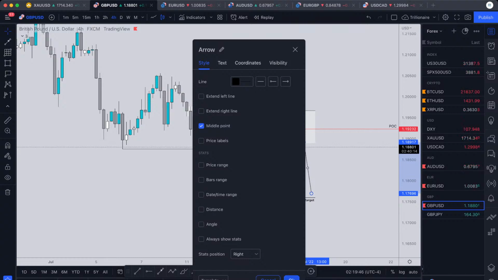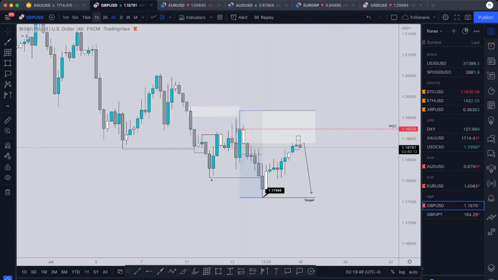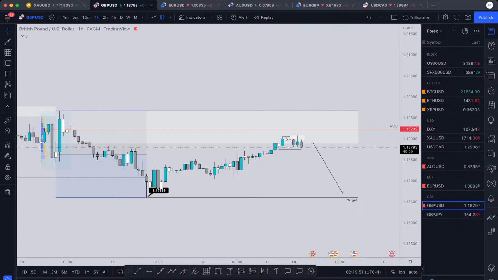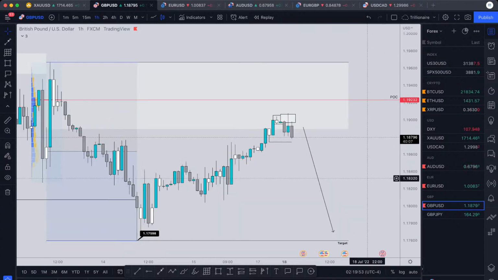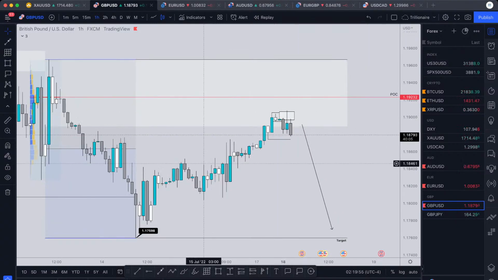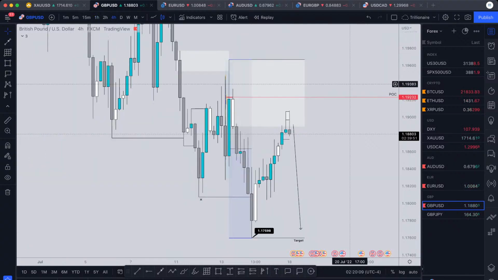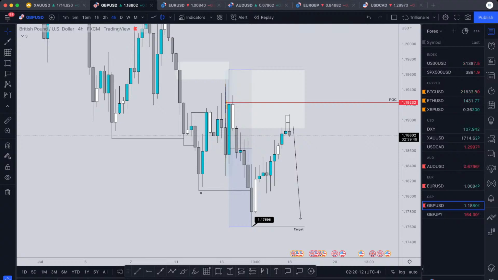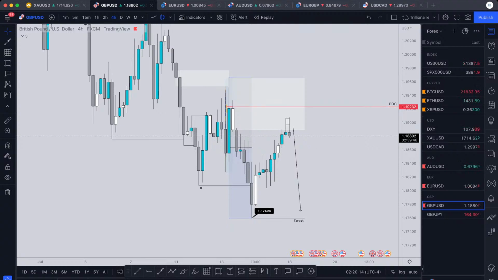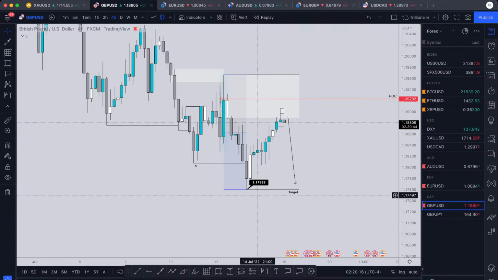Like for example, if we go down to the H1 time frame, right, then you can simply just look for some type of change of momentum from this buy to a sell. And we can see that most of the sells came into the market here around price level 1.19231, right? So that is the point of control of this entire region here. So we could push to the upside just a little bit more before falling over to the downside. But if we do start to fall over to the downside, then I'll be looking for price to target this area here around 1.17598. So very, very straightforward.